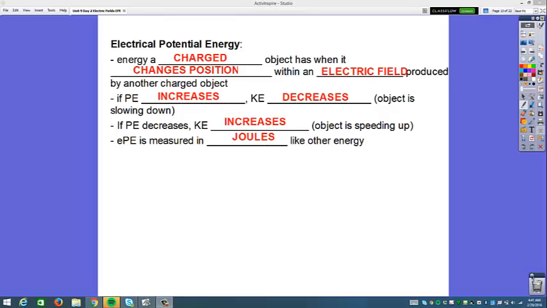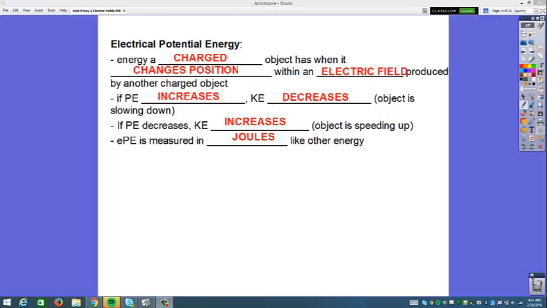So if your distance is getting more, your potential energy is increasing, then that means your kinetic energy is decreasing, so your object is slowing down. And then you have the same thing on the other side. If your potential energy is decreasing, that means your kinetic energy is increasing. So as an object gets closer and closer to the source, or to the bottom, that means it's speeding up.